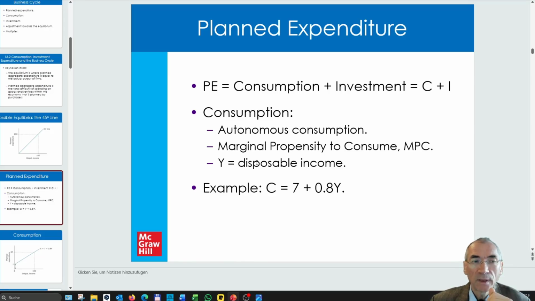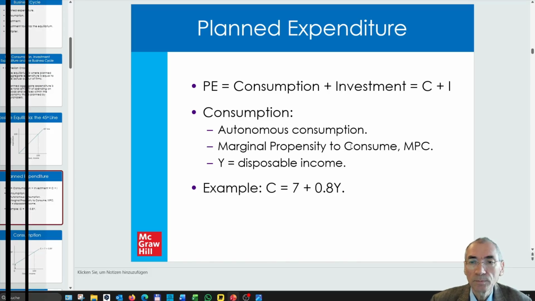Frequently, we are going to take GDP here also as a proxy, but the theoretical basis is the disposable income, which we are going to describe as Y, and take the output Y as a proxy for the income. But what are these two, autonomous consumption and marginal propensity to consume?